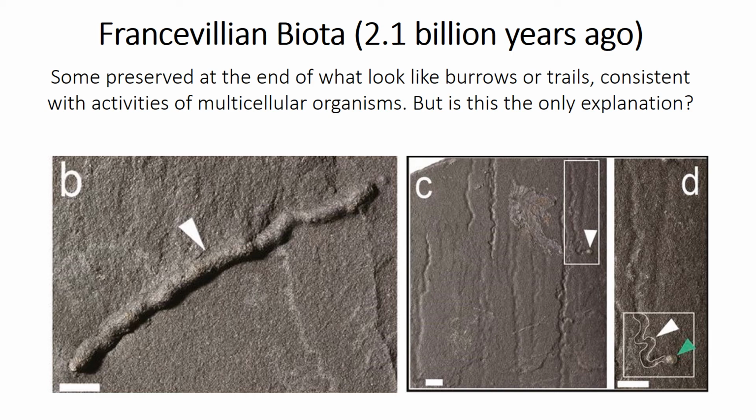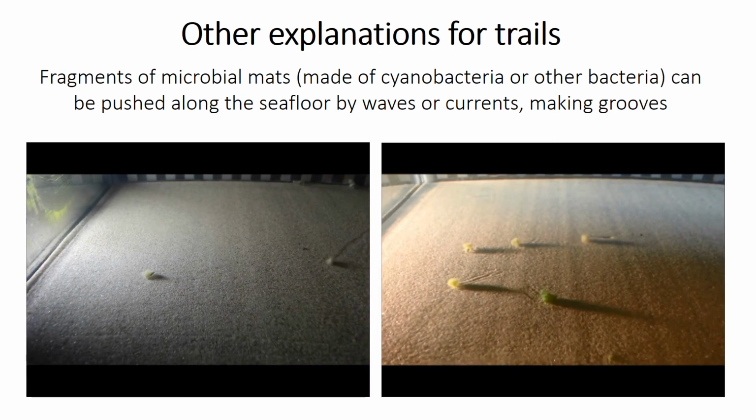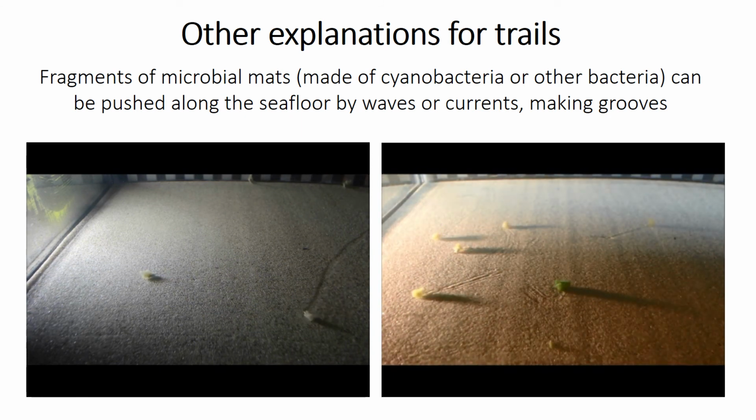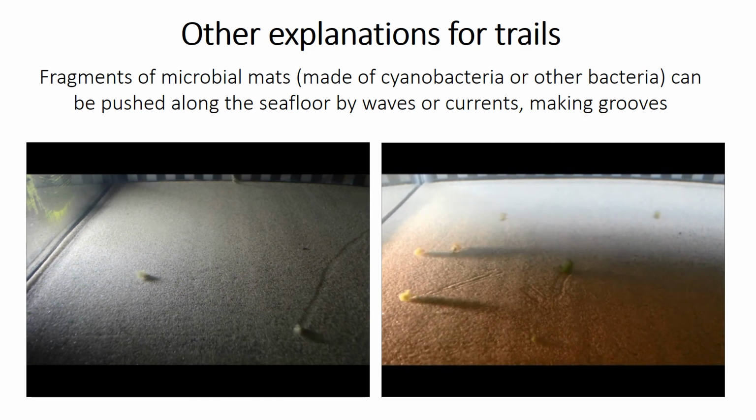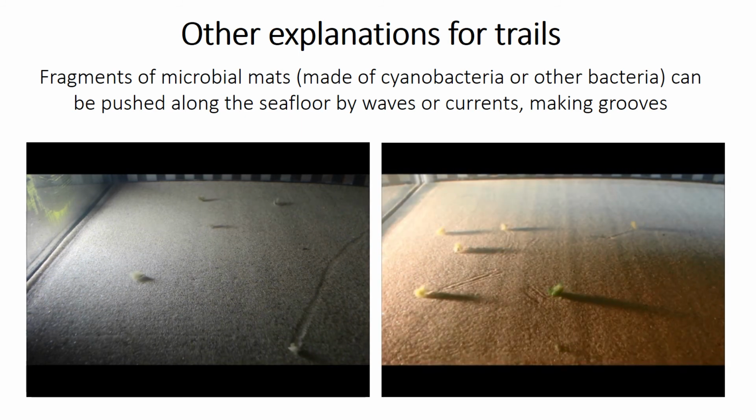But is this the only way we could explain these trails? Do they have to indicate some creature actively moving around on its own? Well, some experiments have actually shown that it's possible, and perhaps relatively common, for little fragments of microbial mat to get broken off and then drift or get pushed along the seafloor, making grooves as they go.